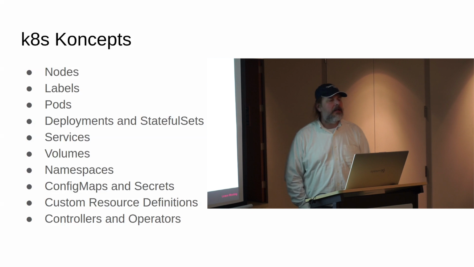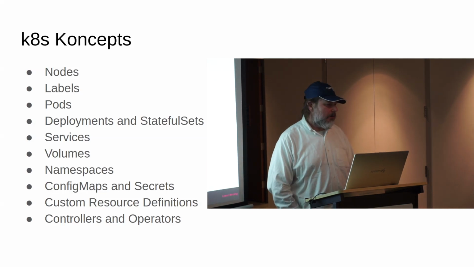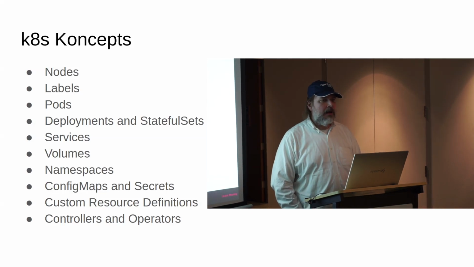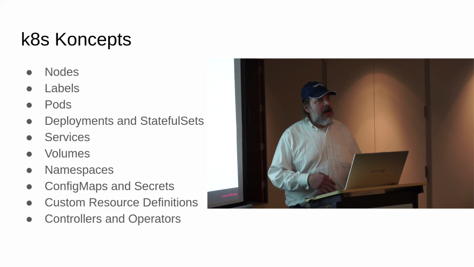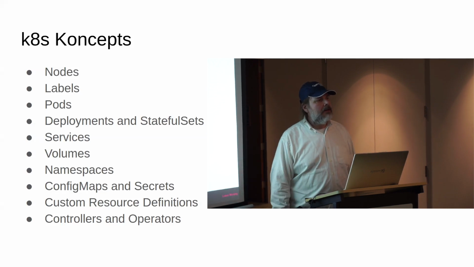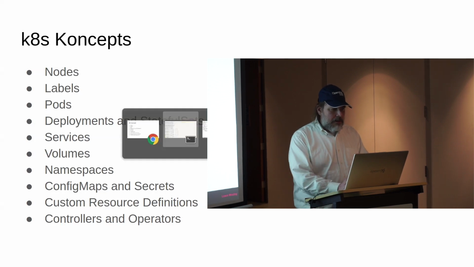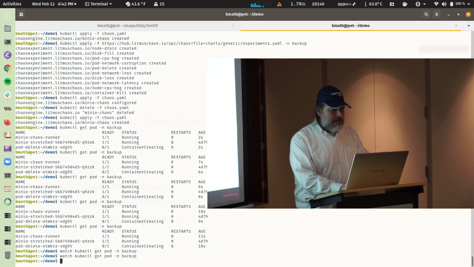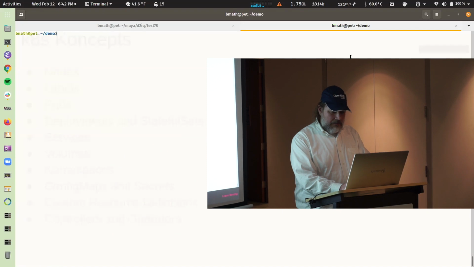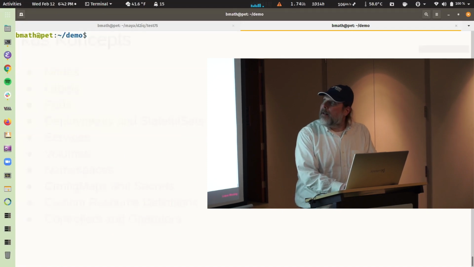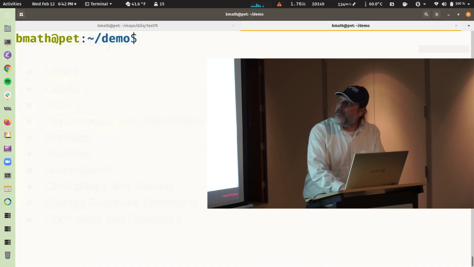That's the host, and it could be a virtual machine or it could be a bare metal machine. But the nodes are all kept track of, and you can list them out by name. And I'll sprinkle in some command line with this. And is that readable to people in the back of the room?